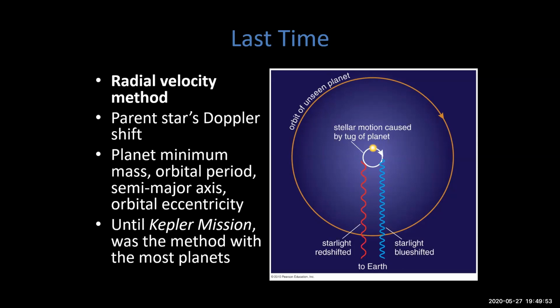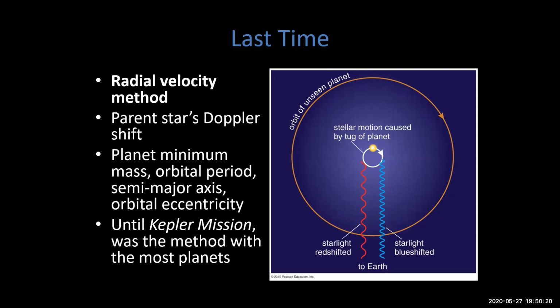And from this radial velocity method, we can determine the planet's minimum mass. We know it's at least such and such size and mass. We know its orbital period, so we know how long it takes to orbit its star.